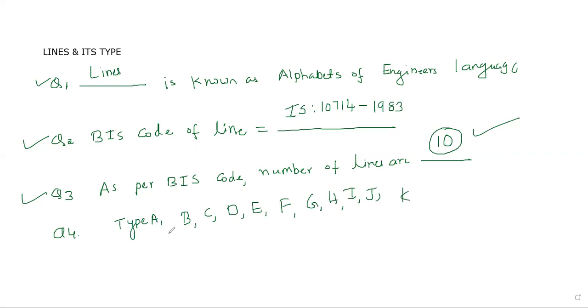If you count, 1, 2, 3, 4, 5, 6, 7, 8, 9, 10, so 10 types of lines are applicable. You can ignore I, it is not there. So A, B, C, D, E, F, G, H, J, K. I you can omit.